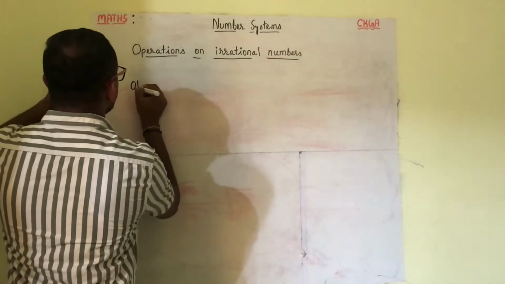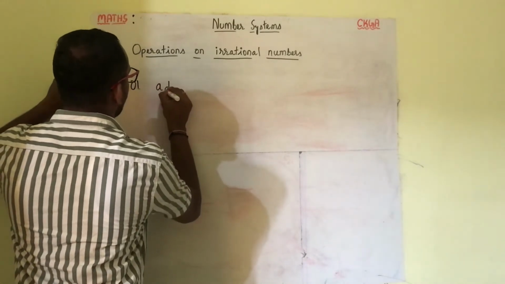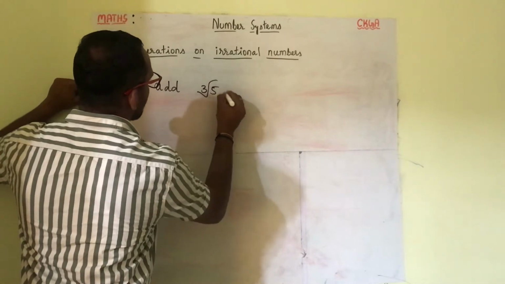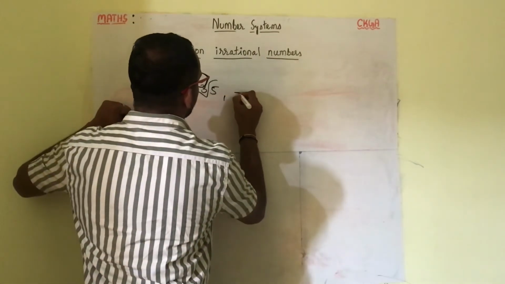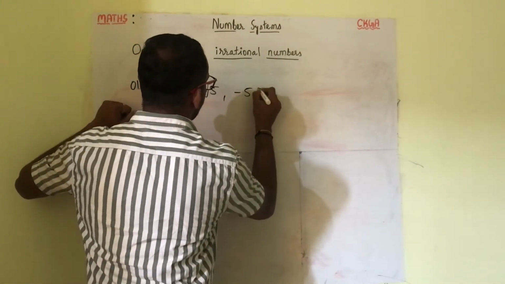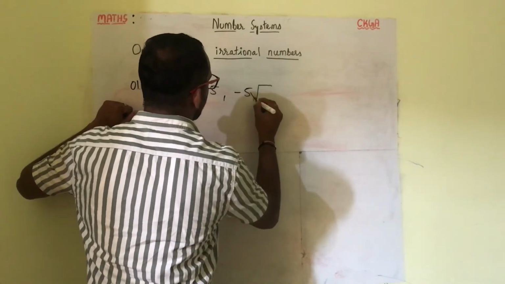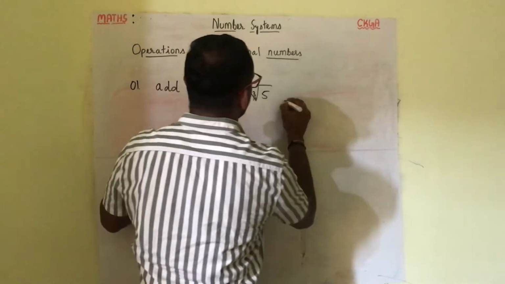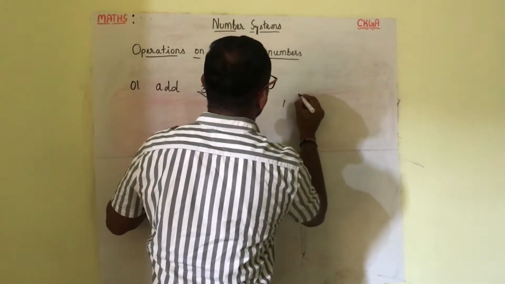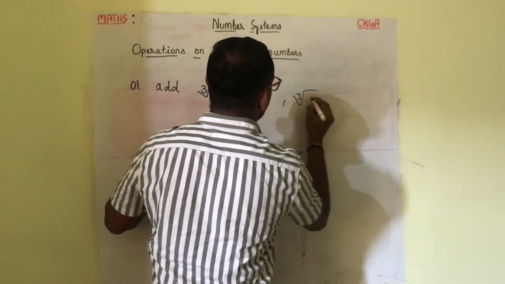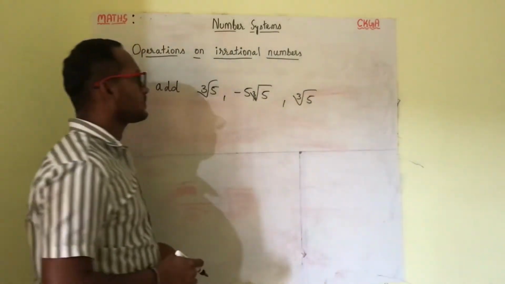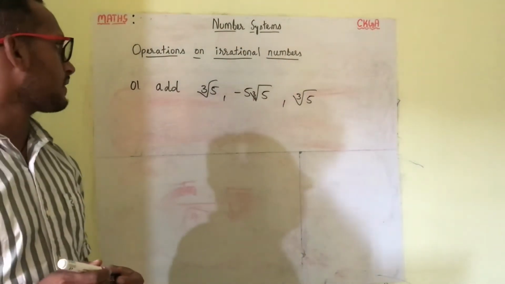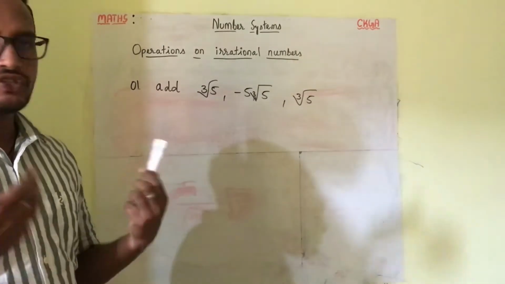Equation number 1, add. Three different irrational numbers are taken: 3 cube root of 5, minus 5 cube root of 5, and cube root of 5.